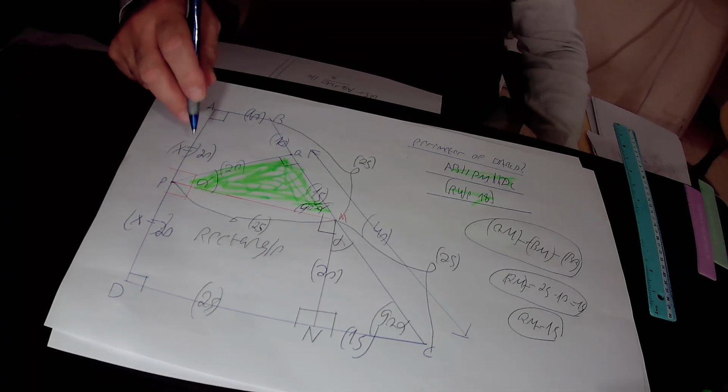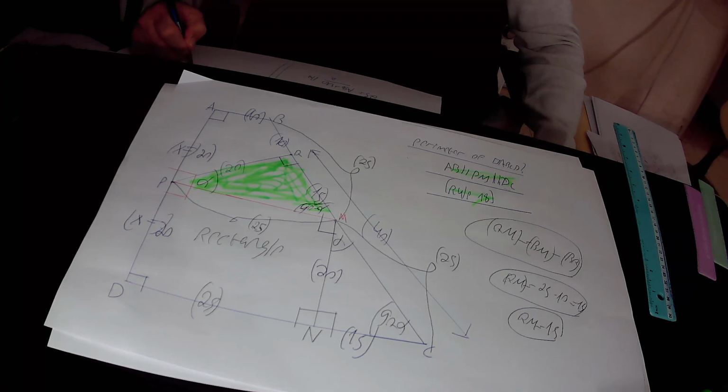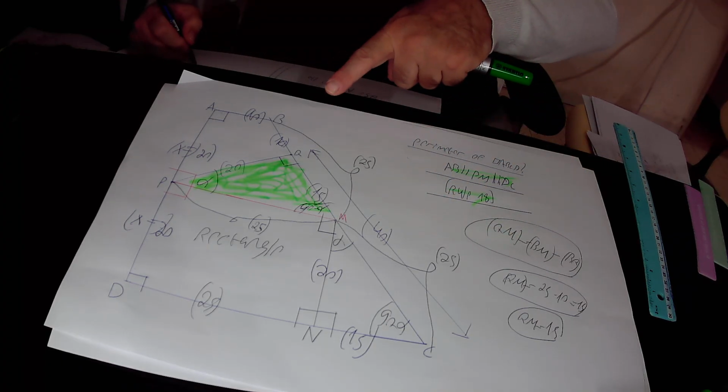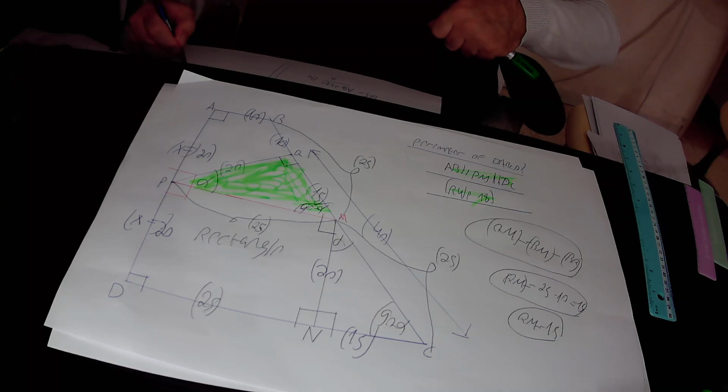AD is 40 and this is also 40, plus CB. CB is 25 plus 25, that is 50.